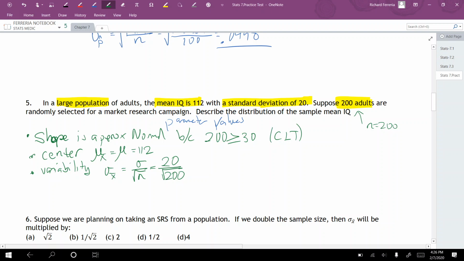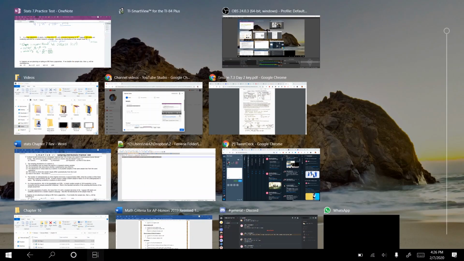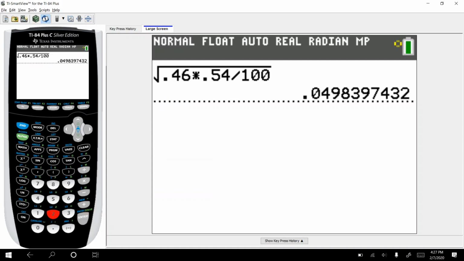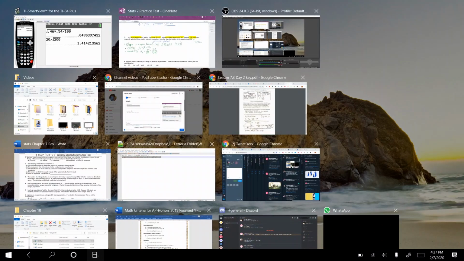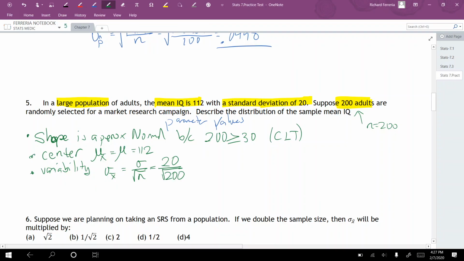It's 20 over root 200. That gives me 1.414.